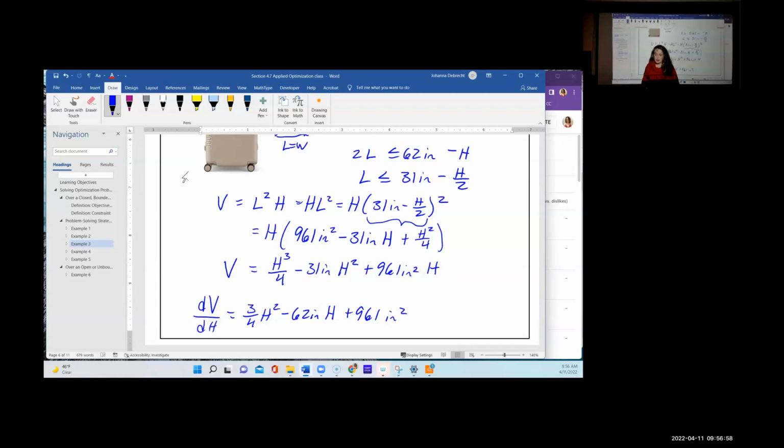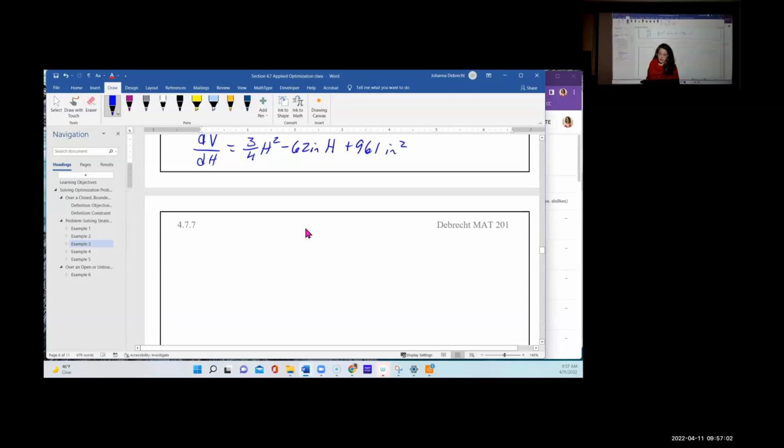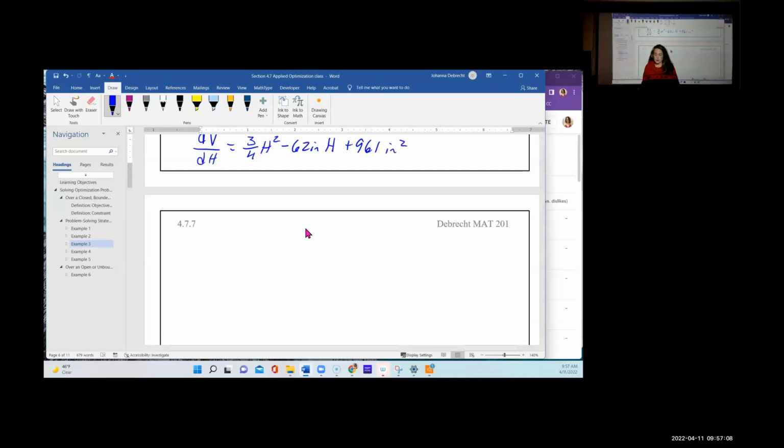Then I've got to find the critical points. That almost certainly does not factor, so I'm going to have to use the quadratic formula. I didn't say it would ever be pleasant doing an optimization problem, but now I'm going to find H by setting that equal to 0. So I'm looking for critical points.